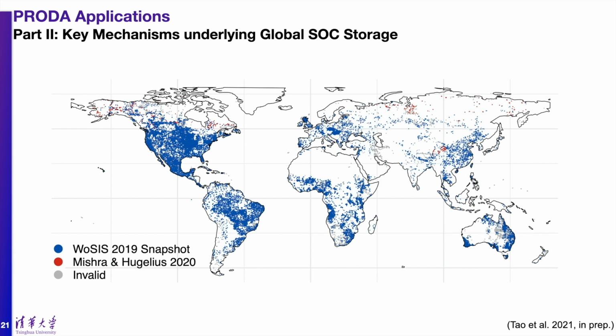Actually, the product approach can do much more than improving model simulation. When we extend the big soil data to the whole world and apply the product approach again, we can also explore the key mechanisms underlying global soil organic carbon storage.